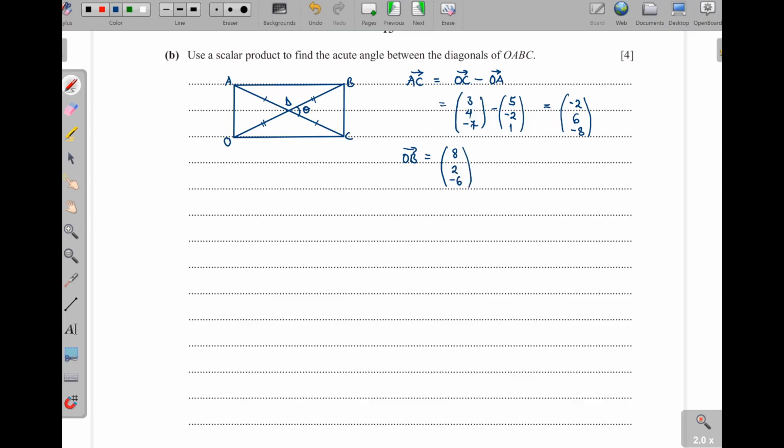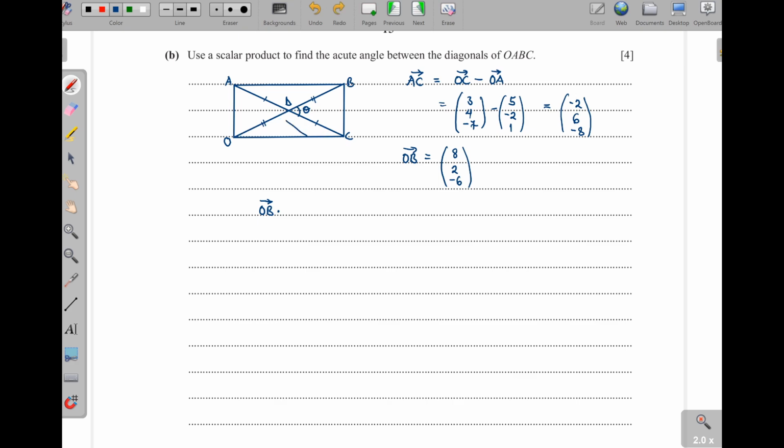Now using the scalar product, I will have OB. When we are finding the angle here, you can either close both, or you can open them up. So we are going to have OB dotted with SC.